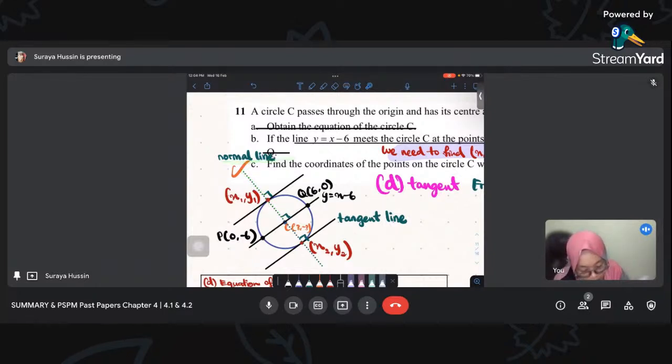Boleh faham ke apa saya ajar? Boleh faham ke apa maksud saya? Yang saya maksudkan dengan normal line. Okay, normal line mesti opposite. Normal line dia mesti 90 degree kepada line tangent kita. Pada line kita. Okay.